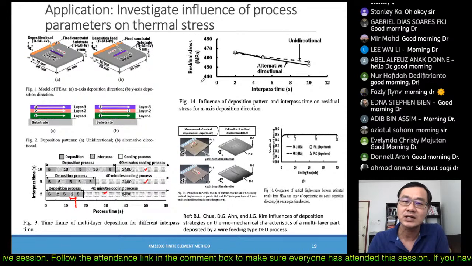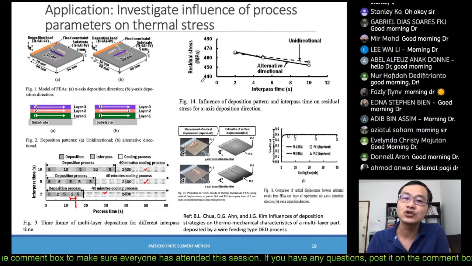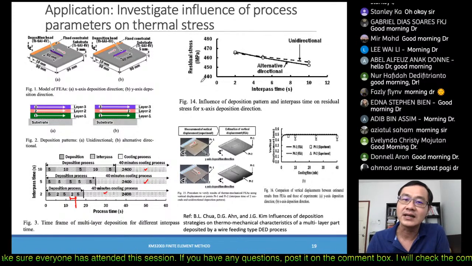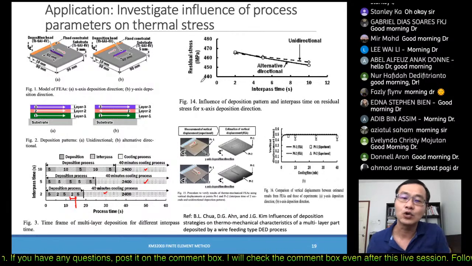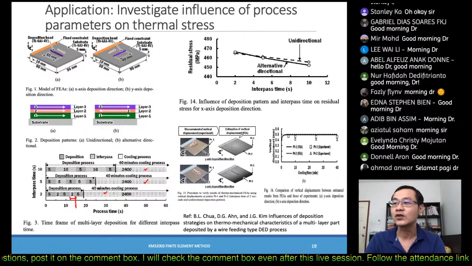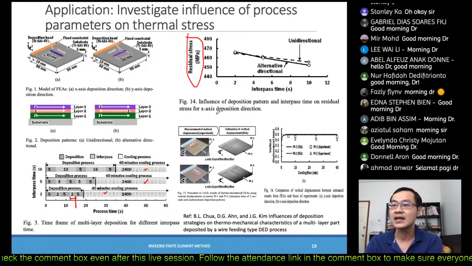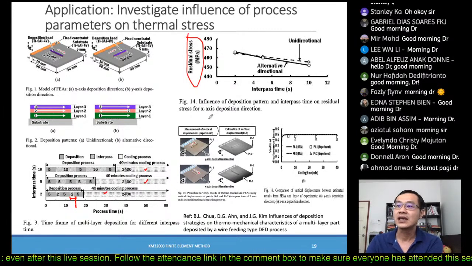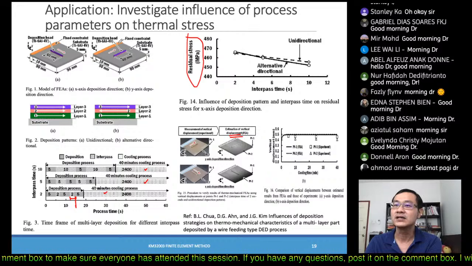This residual stress is the stress induced inside the part due to the contraction and expansion of the material during the heating and cooling process. So from there we can estimate the residual stress. At the same time we can also estimate the displacement of our specimen.